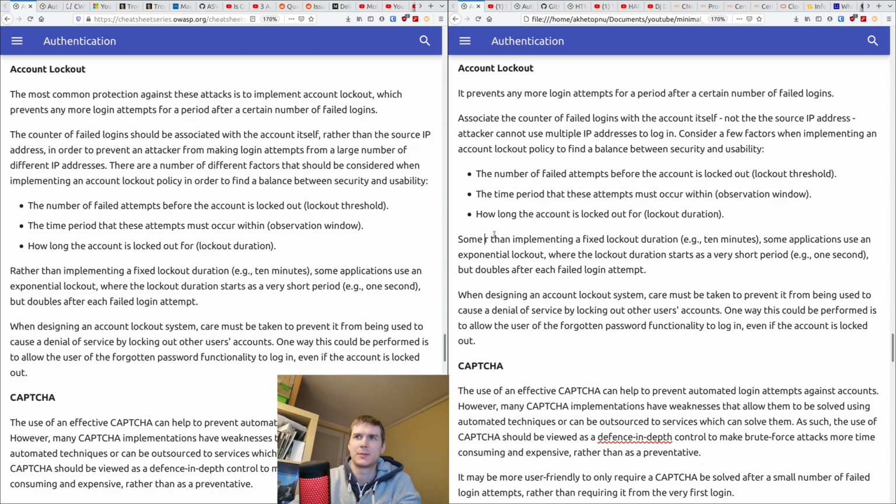Some apps, instead of using a fixed lockout duration, always 10 minutes, use an exponential lockout.